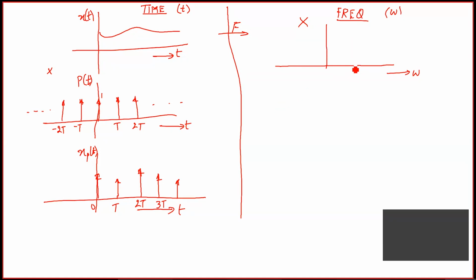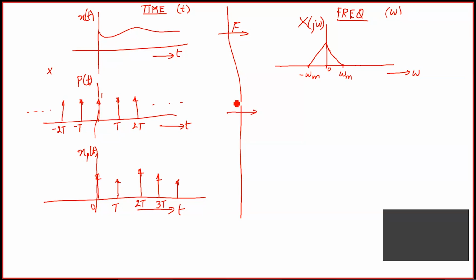Let's say your given signal had a particular maximum frequency content, let's call it ωm. In the example, they are giving it as a triangle, but it can be any shape or any distribution of frequency in this signal. So this is your X(jω), having frequency content from DC to some max frequency ωm.